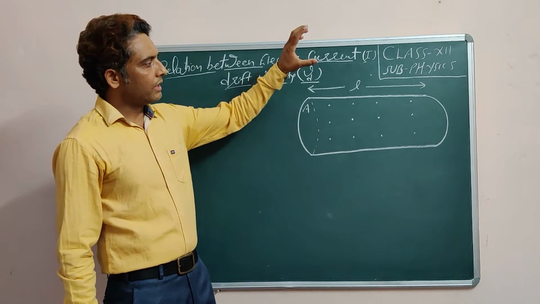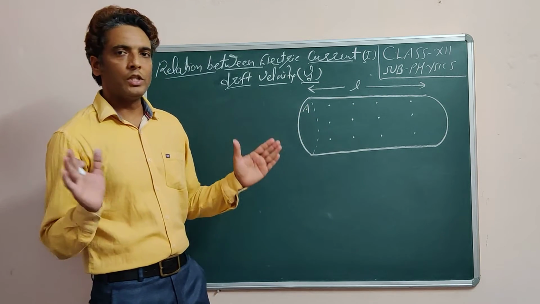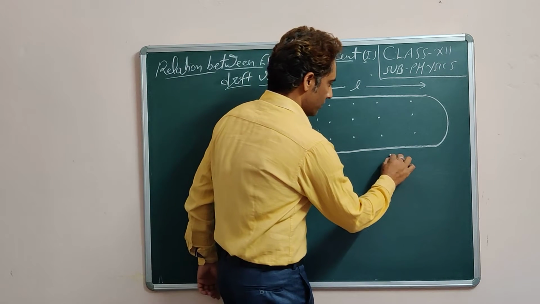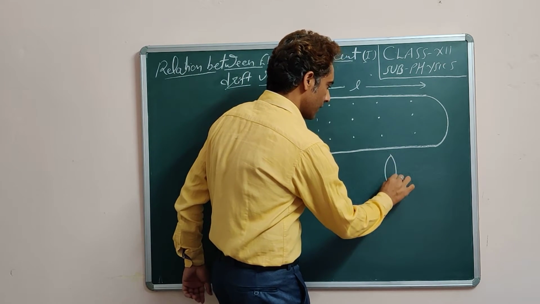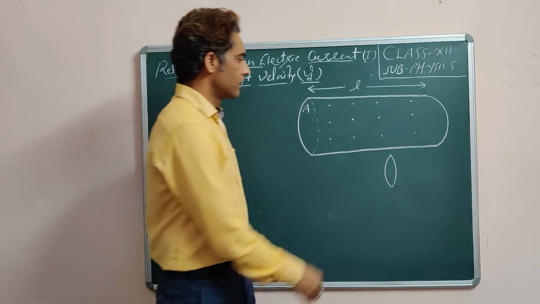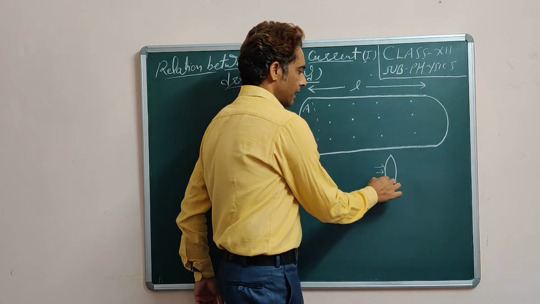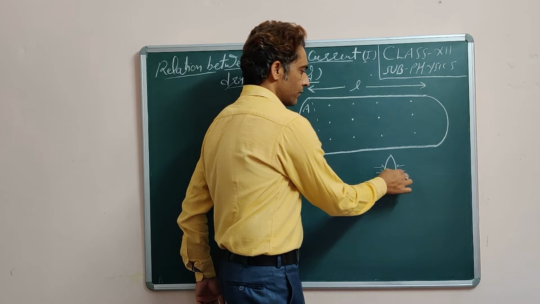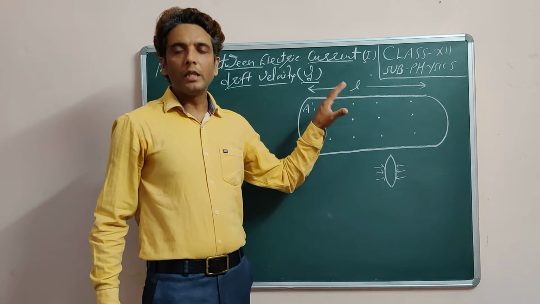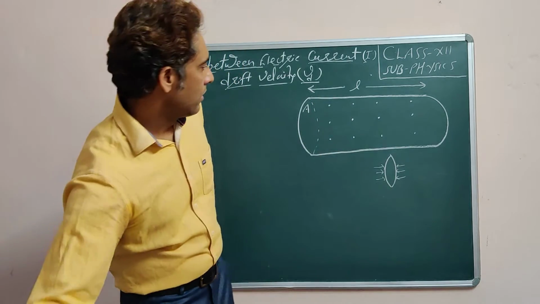That's why the net velocity is zero, meaning there is no flow of charge through a certain fixed cross section. The number of charge carriers which move from this side balance the number of electrons which move from this side. So the net electric current in the conductor in the absence of an electric field is zero.